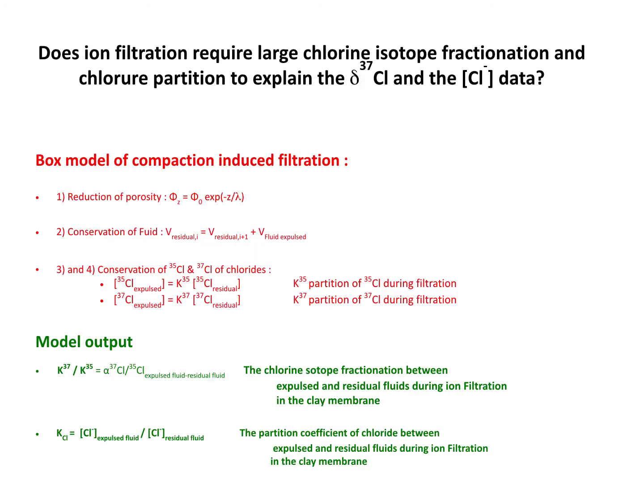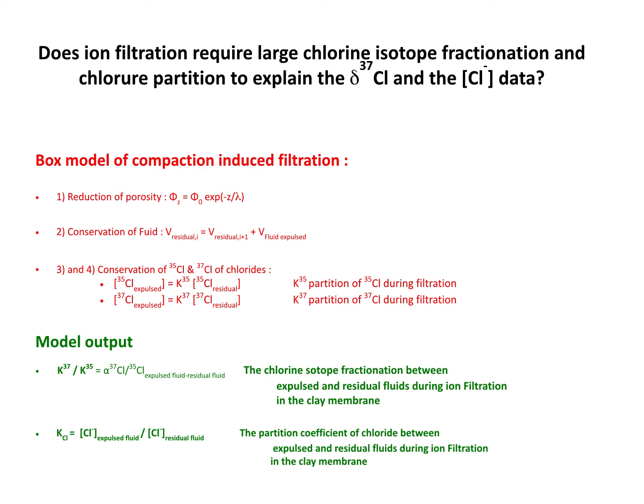Does filtration require significant isotope fractionation to explain the delta 37 chlorine data? To estimate it, we built a model of chloride evolution during the compaction of the sediment. It is based on four equations: reduction of the porosity, conservation of the mass of fluid and the mass of solid, and conservation of 37 chlorine and 35 chlorine.